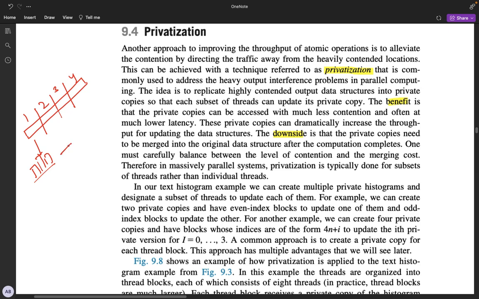Each chunk computes its own histogram in step 1, and in step 2 the 4 histograms are merged into just one histogram. That is our answer. Now the plus point of this is that in each chunk, the data contention, that is the number of threads that would potentially be operating on the same memory location, is lesser than the last case we discussed. And the downside is there is an extra merging step in this privatization method.